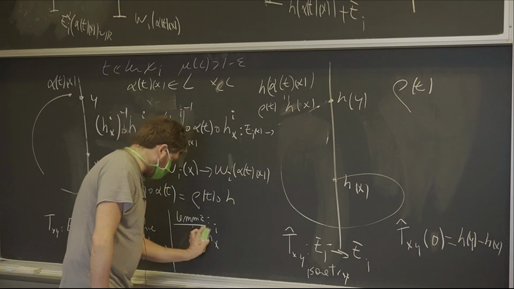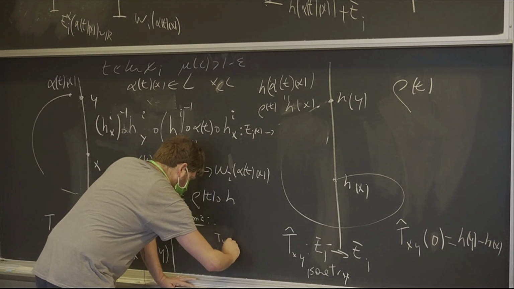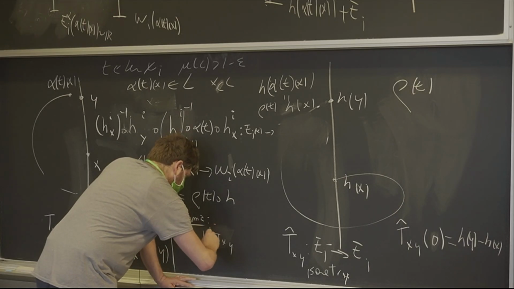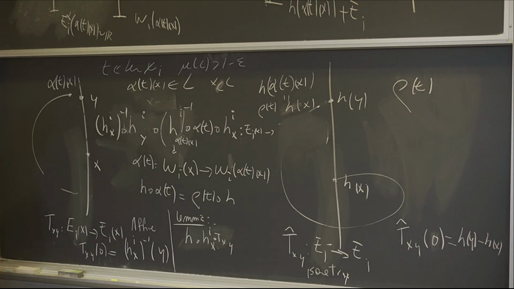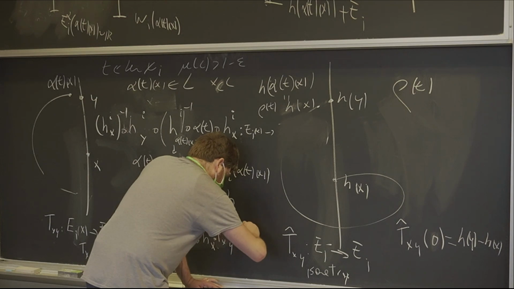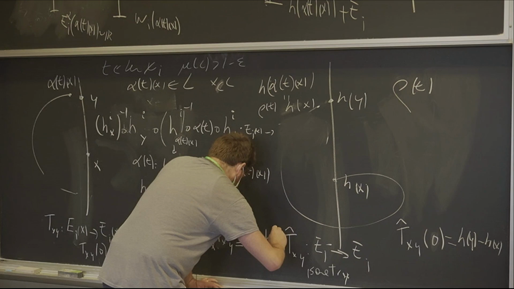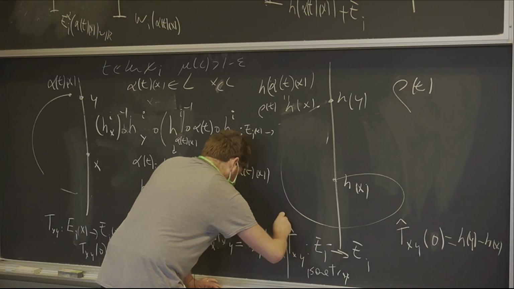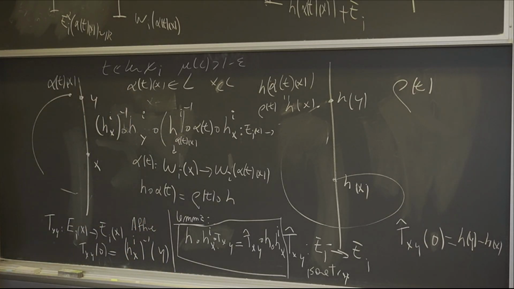Okay, now let me, oops, sorry, let's go back again. So I first take a point here, I apply the T_xy, I apply the H_xi, and I apply h. This will be the same as taking this T hat_xy here, applying h, and then of course I will still have the h_xi here. Okay?